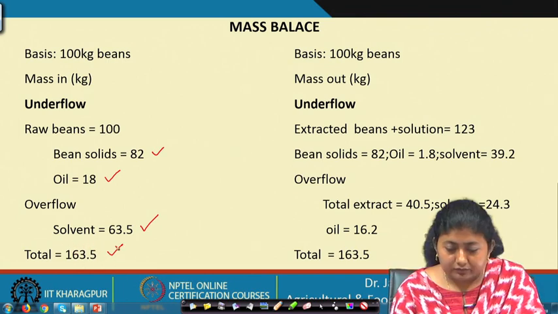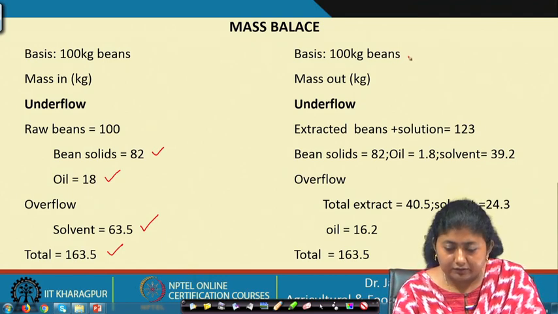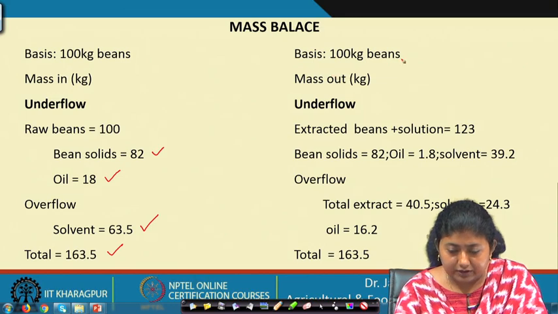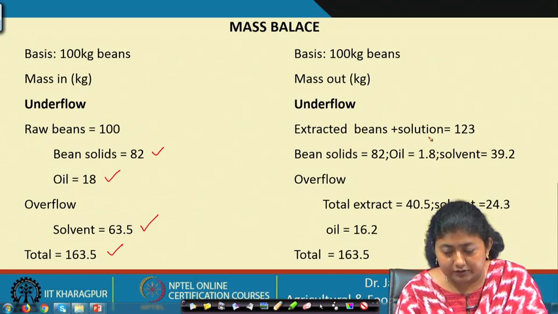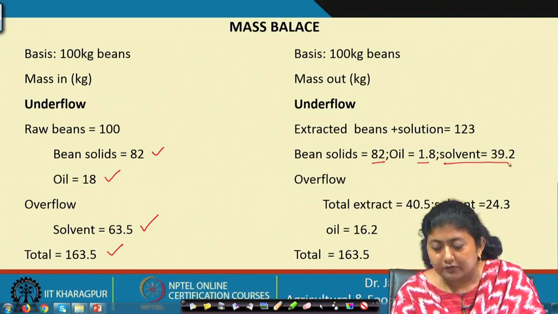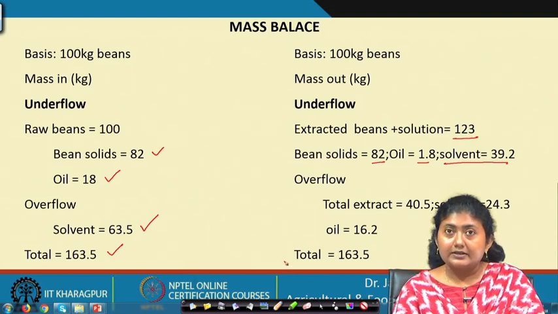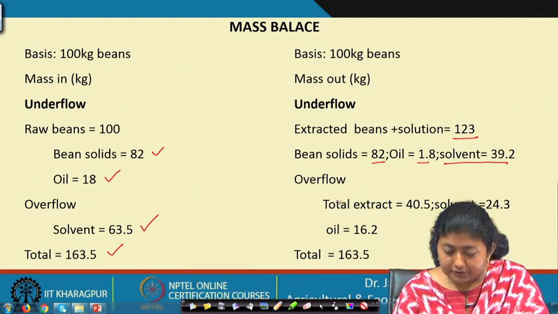Okay. Now, from the 100 kg basis, the 100 kg bean underflow will be extracted bean plus solution. So, that is 82 plus 1.8 plus solvent, that is 39.2. So, in total we are getting 123 as underflow. What will be the overflow?